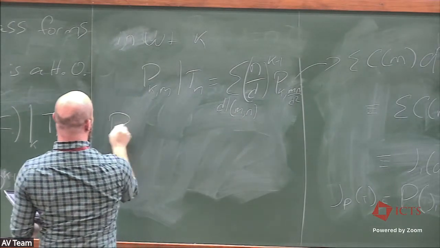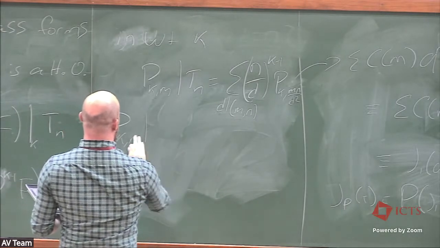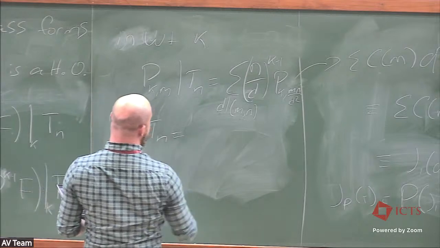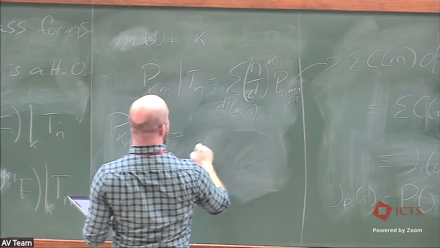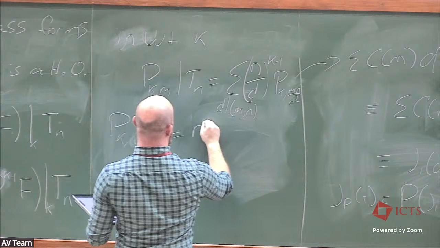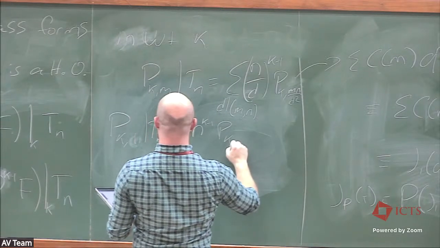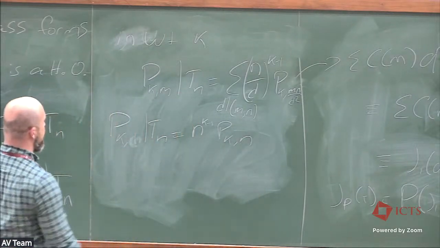And so we end up getting D^k_1 hit with Tn is equal to n^{k-1} times D^k_n.